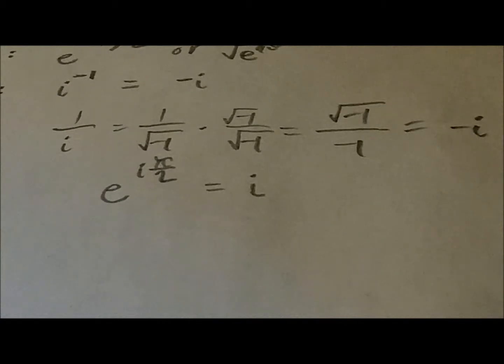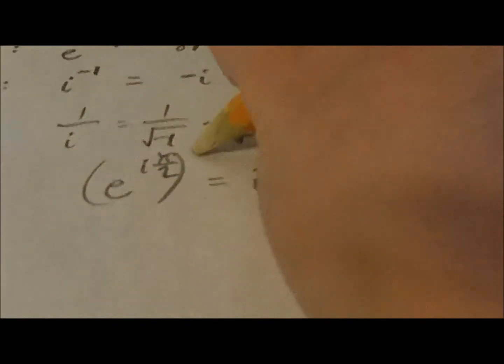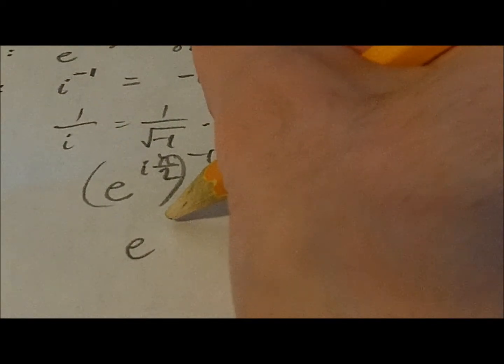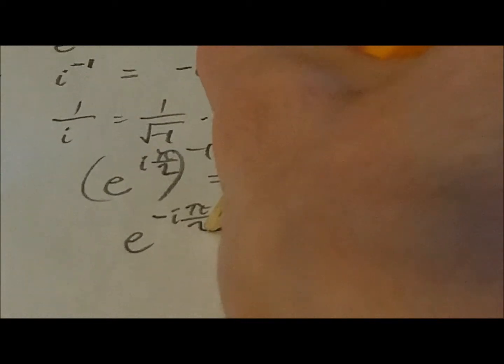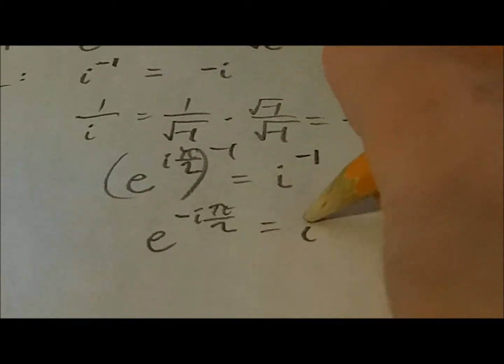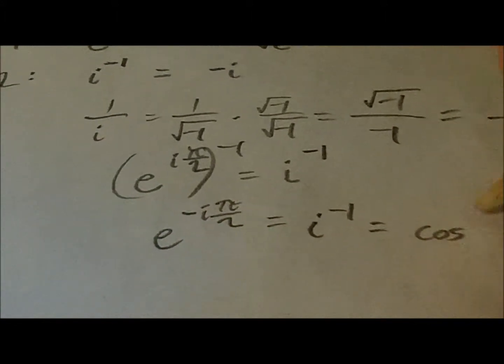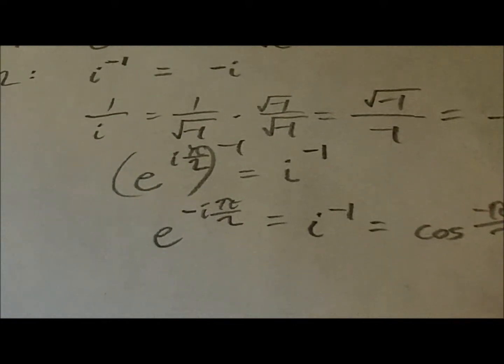If we raise each of these to the negative 1 power, we actually get e to the negative i pi over 2 being equal to i to the minus 1, which is equal to cosine of negative pi over 2 plus i times the sine of negative pi over 2.